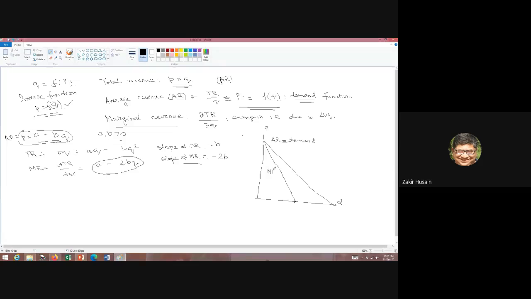So it will start at this point, but this is roughly half. So this is the marginal revenue. I assume that it's a straight line.